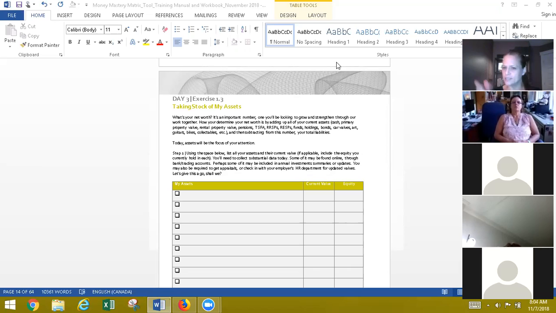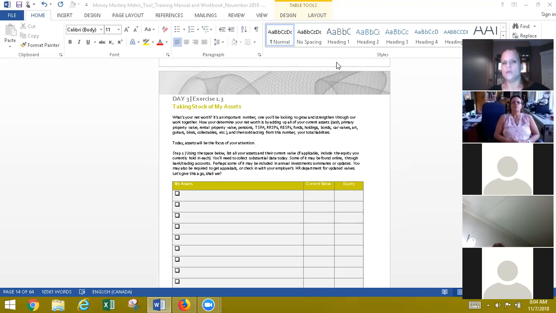This is interesting because Nola and I were just talking about this. You see a person driving down the road with a really expensive car, and we tend to make a lot of assumptions as to their wealth. What truly defines your wealth is actually your net worth. We define that net worth by creating a list of assets minus your liabilities, and that's going to tell you what your true worth is right now.